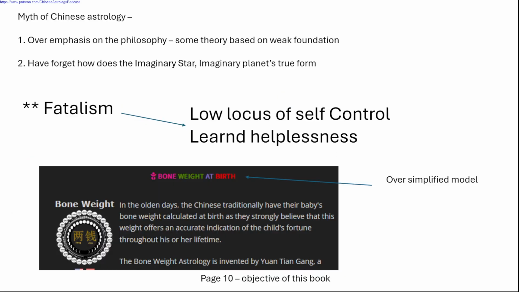In this book, we make some deep analysis of the Chinese astrology system, and my aim is to review the Chinese astrology system which serves 1.5 billion people. There is an overemphasis on fatalism and philosophy based on imaginary planets, which is too remote from the astrology system I'm familiar with.